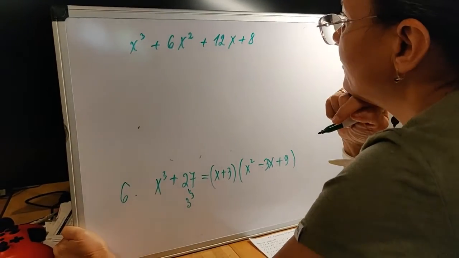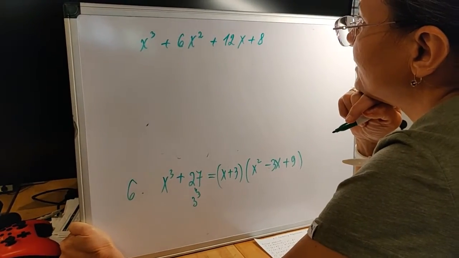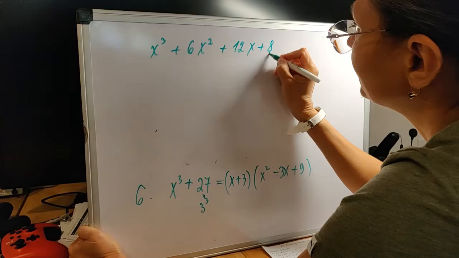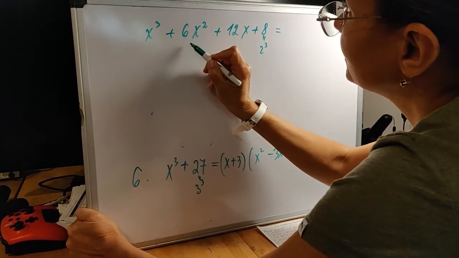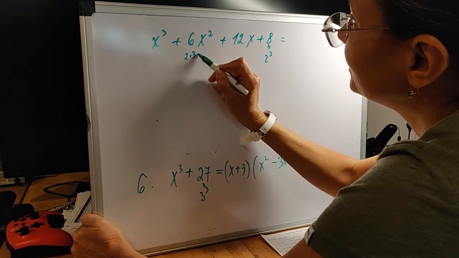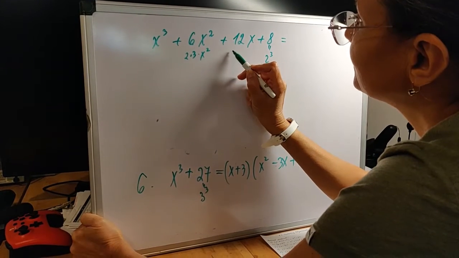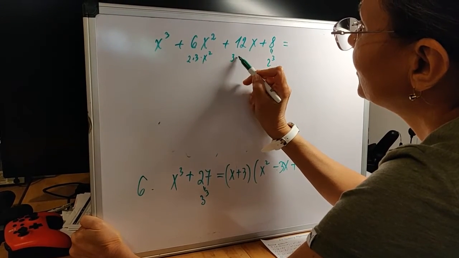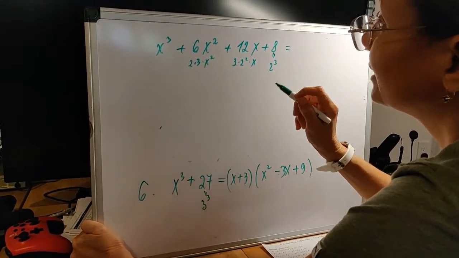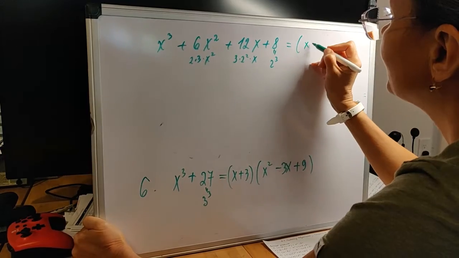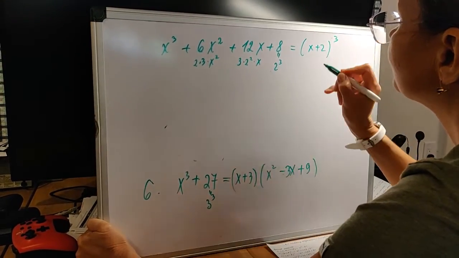Something like this. Well, it's probably not very easy to recognize, but it looks like it's x cubed, and this looks like it's 2 cubed. And you can probably recognize that this one is 2 multiplied by 3 by x squared, and this one is 3 multiplied by 2 squared by x. And you can recognize that this one rolls into x plus 2 cubed.